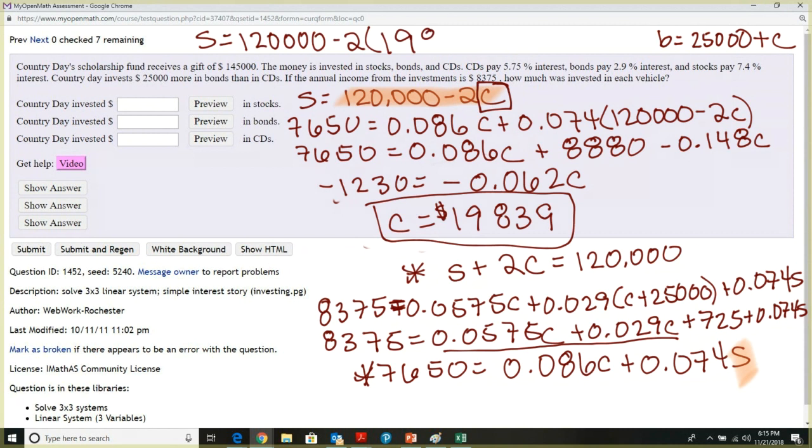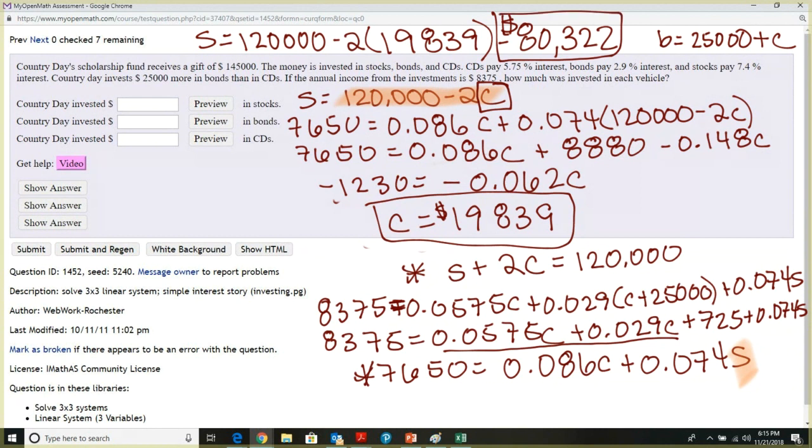So 19,839. So we're going to have 120,000 minus 2 times 19,839. So that's 80,322, which is going to be our amount in stocks.